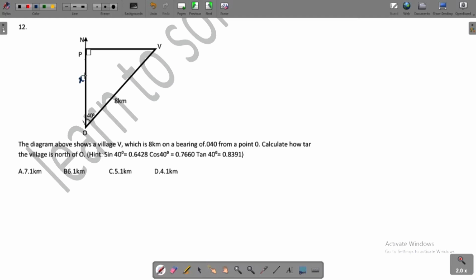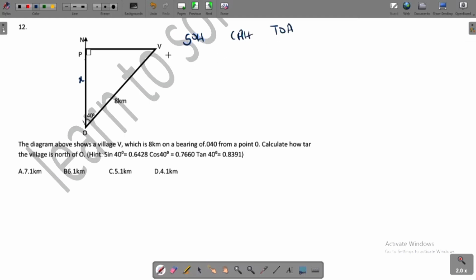Now, if you are solving a question like this, we are given an angle, we are given a side also, and you have to find a particular side. So if you are given a similar question, you should understand what is called SOHCAHTOA.